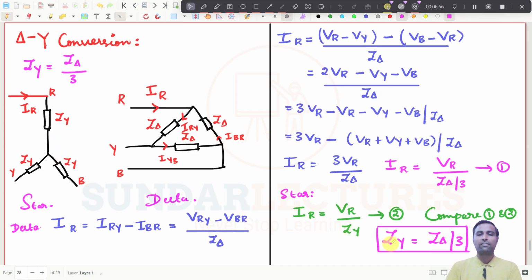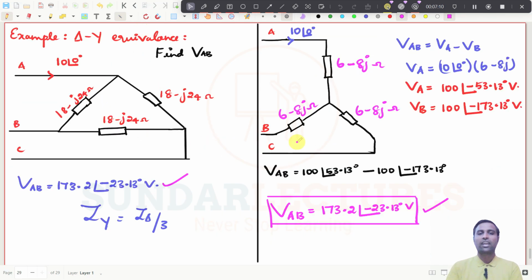We derived that star impedance equals delta impedance divided by 3, or the delta impedance equals 3 times the star impedance. We converted the delta connected impedance into equivalent star connected impedances, found the voltage between phases A and B, and got the same answers. So up to this we have concluded star and delta connection.